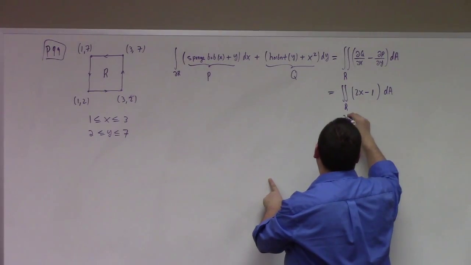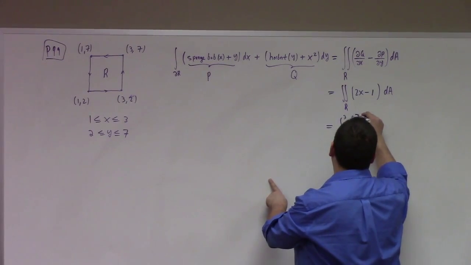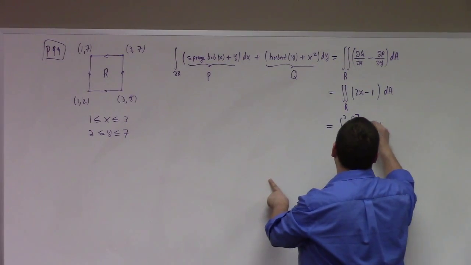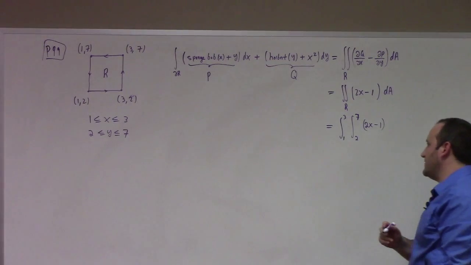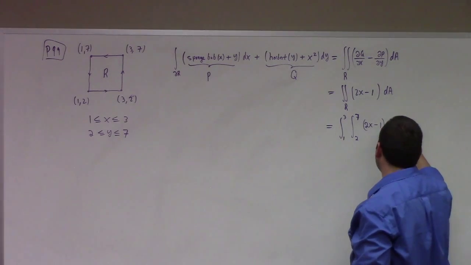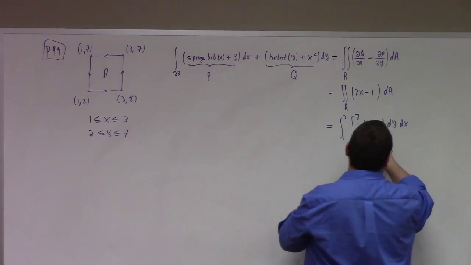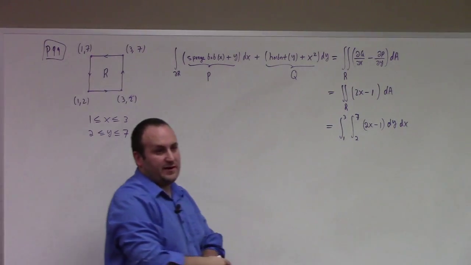So integrate from 1 to 3, integrate from 2 to 7, 2x minus 1. Which one comes first, dx or dy, as I've written the bounds? This is important. dy? Okay, and then dx. So there is no y dependence in that integrand.